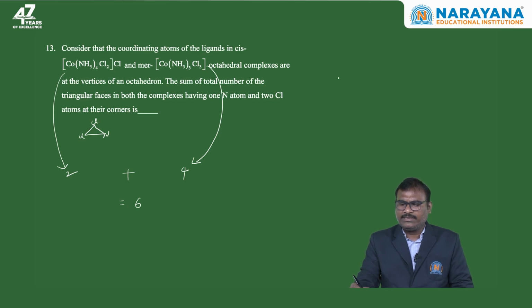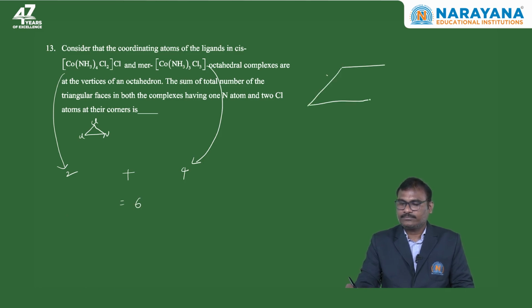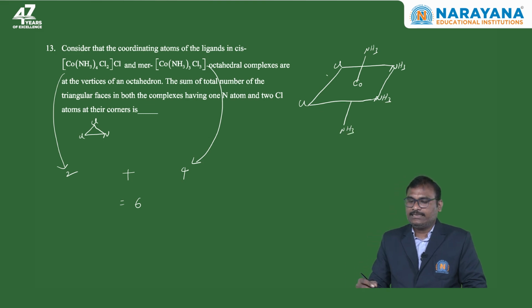Just if you want, I will show one of them. Cobalt, like this. Okay, the first compound is a cis isomer. Here is the ammonia, here is the ammonia, here is the ammonia, here is the ammonia. Therefore, this is a cis isomer.